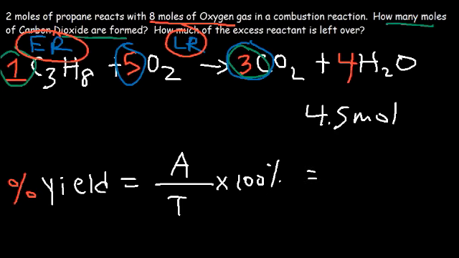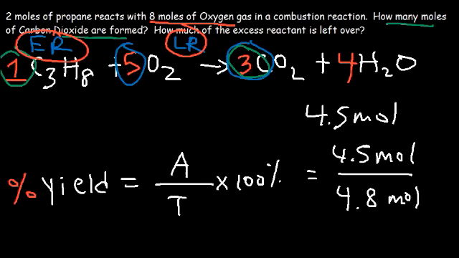The actual yield, the amount that we actually got in the experiment, is 4.5 moles. The maximum amount, or the theoretical yield, that we can possibly achieve is 4.8. That's the most that we can get. So if you multiply that ratio by 100%, you're going to get the percent yield.